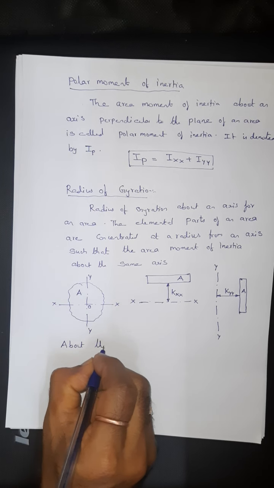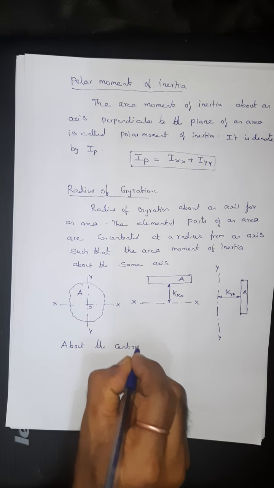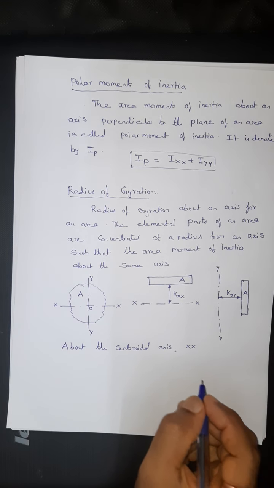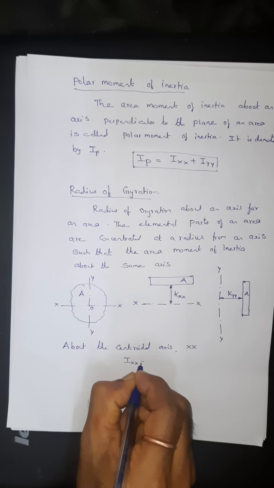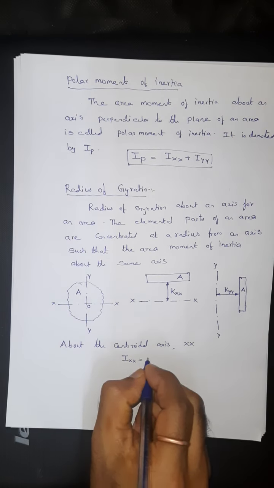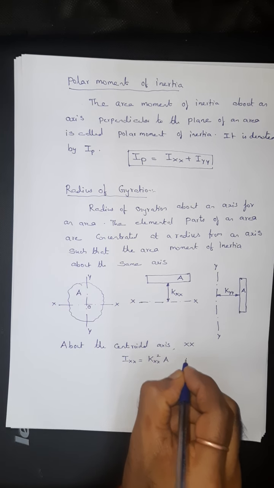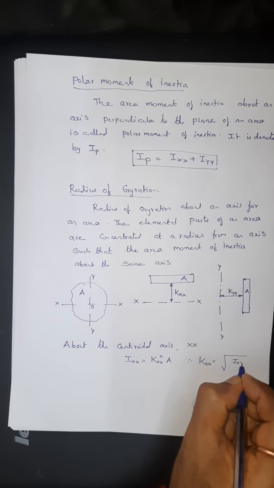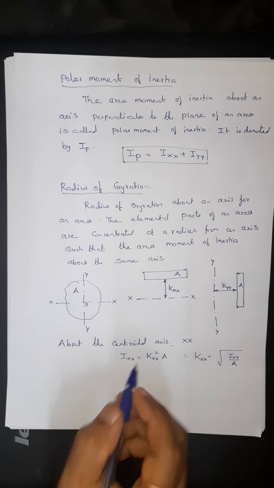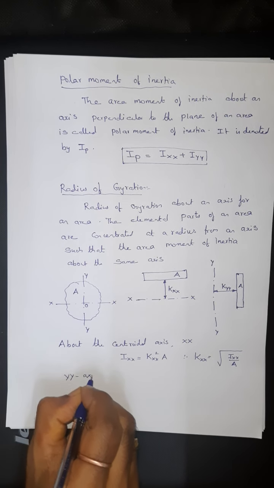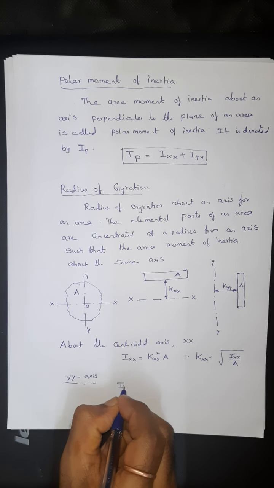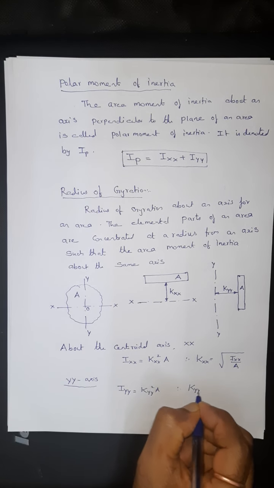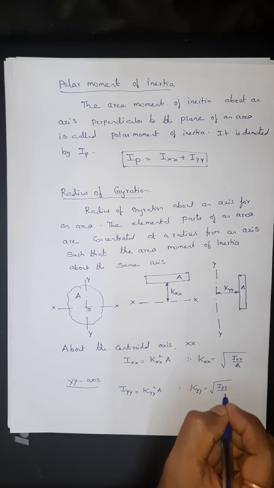About the centroidal axis xx, Ixx is equal to kxx square A, so kxx is equal to root of Ixx by A. Now about the y axis, Iyy is equal to kyy square A, so kyy is equal to root of Iyy by A.